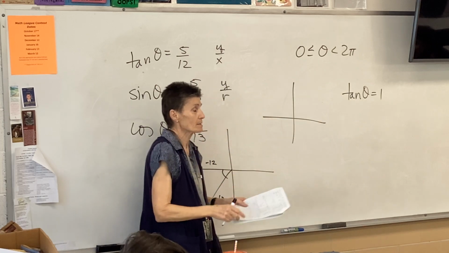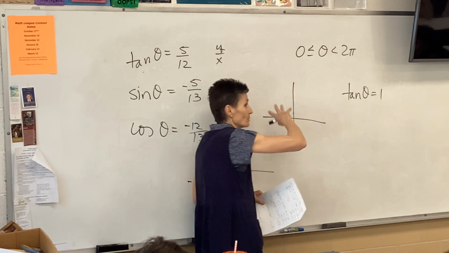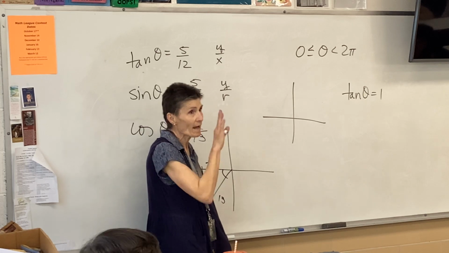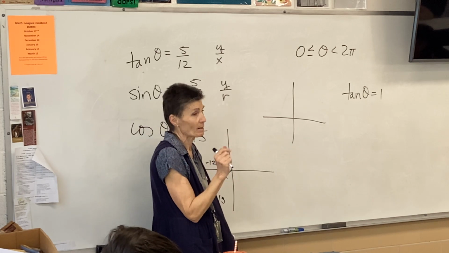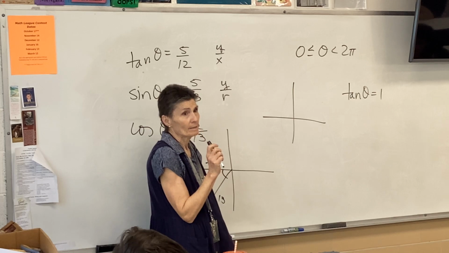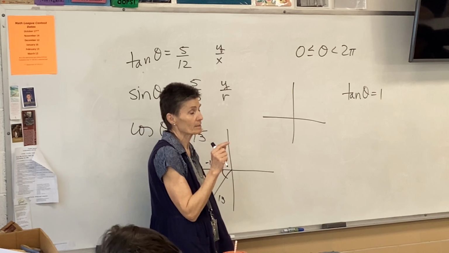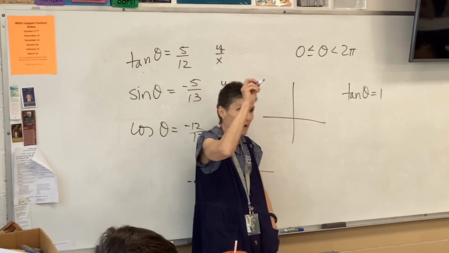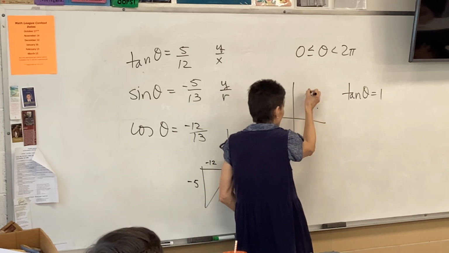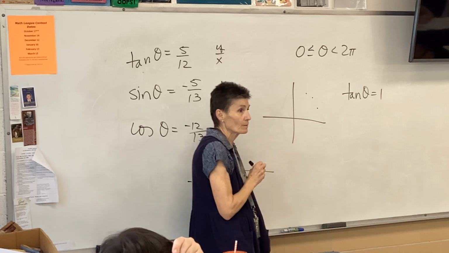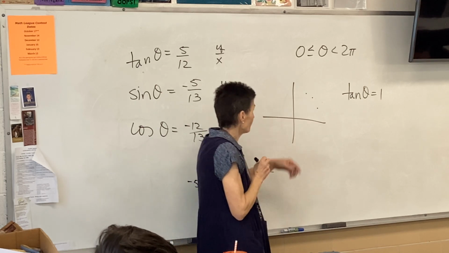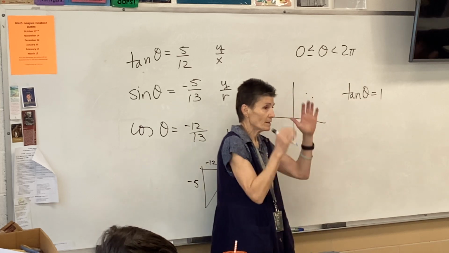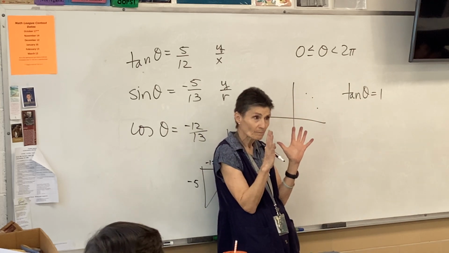All the places, all the way around, where the tangent is 1. Well, having had all the discussion the last couple days about the unit circle, if you think about tangent as y over x, and you think about those key points here, if y over x is going to be 1, then don't your y and x have to match?